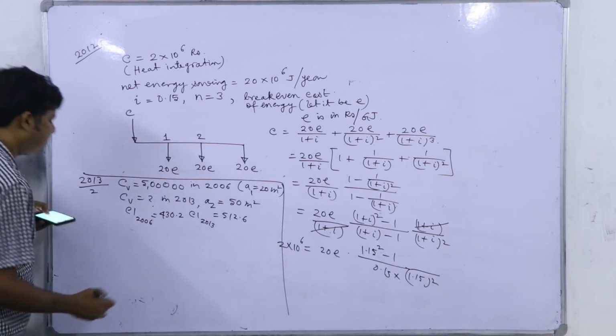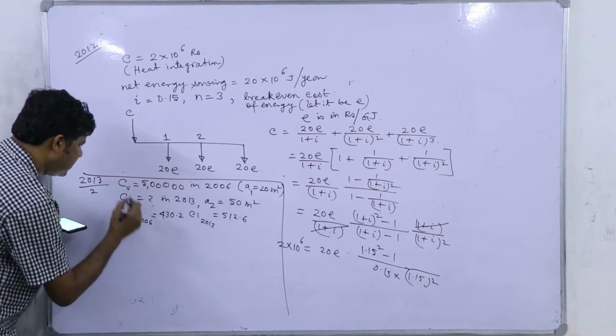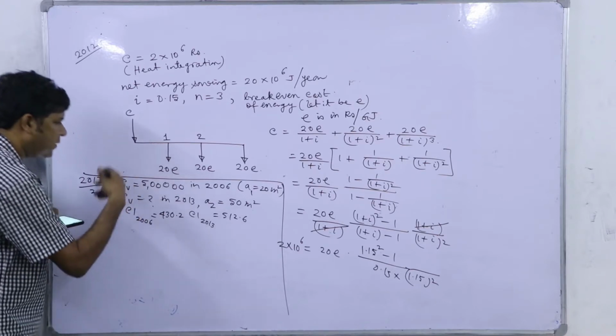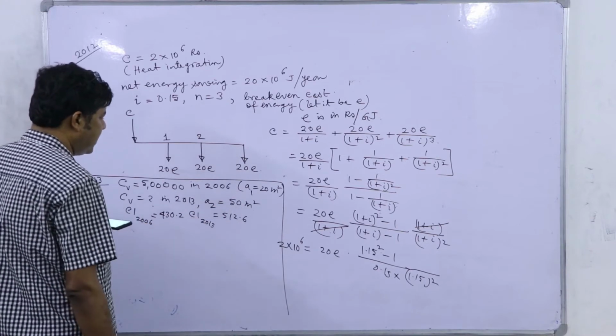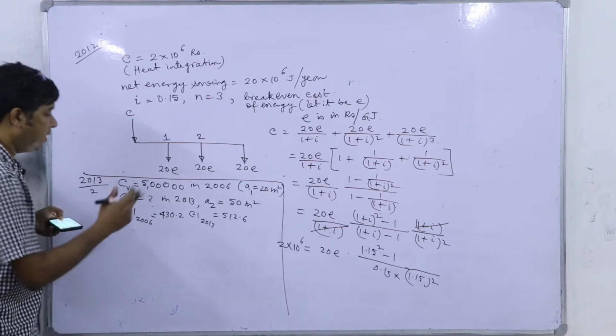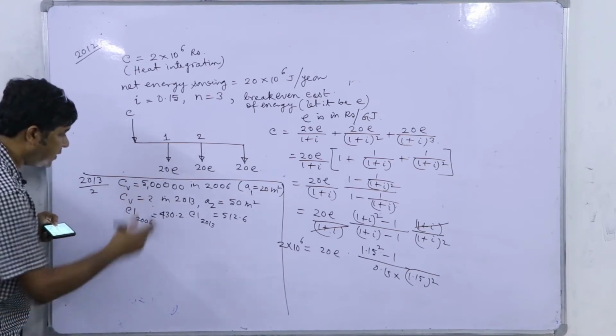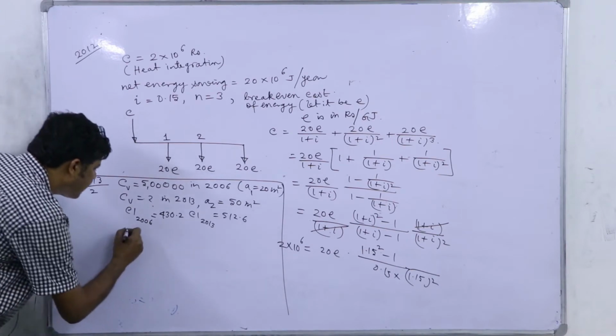Now, you see that we have to calculate this first: the cost of a 50 meter square area heat exchanger, in terms of a 20 meter square heat exchanger in 2013.